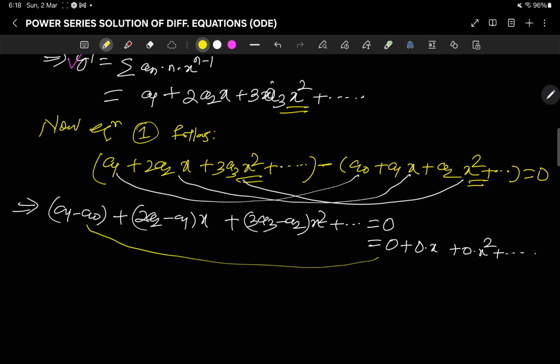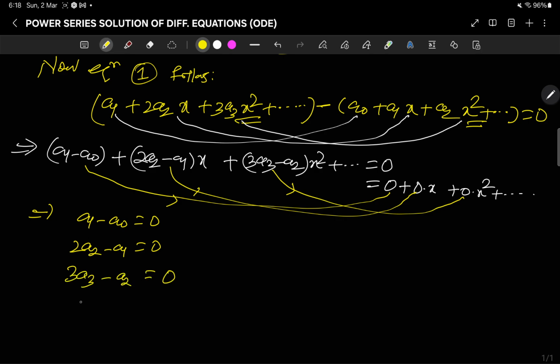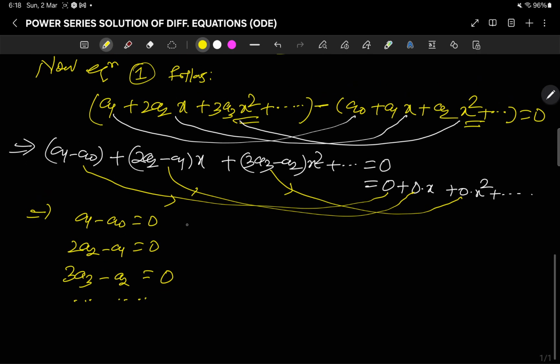This is my 0, this is my 0 and this is my 0. So this implies a1 minus a0 is equal to 0, 2a2 minus a1 is equal to 0, 3a3 minus a2 is equal to 0, and so on. It will continue like this. Now you simplify it.